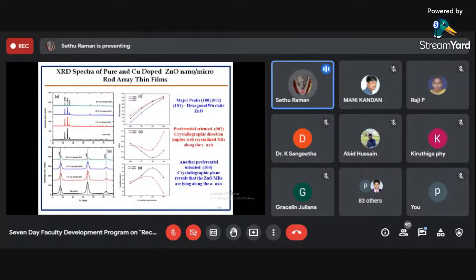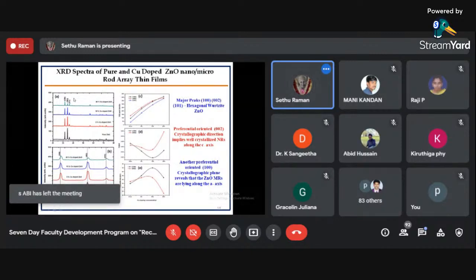From the XRD spectra, you see that the major peak observed for pure ZnO is 0002, but by doping 5%, 10% and 20% of copper, you see that the crystallographic orientation changes on the surface of the ZnO nano-microrod arrays. The 100 orientation is completely dominant after the doping of the samples.